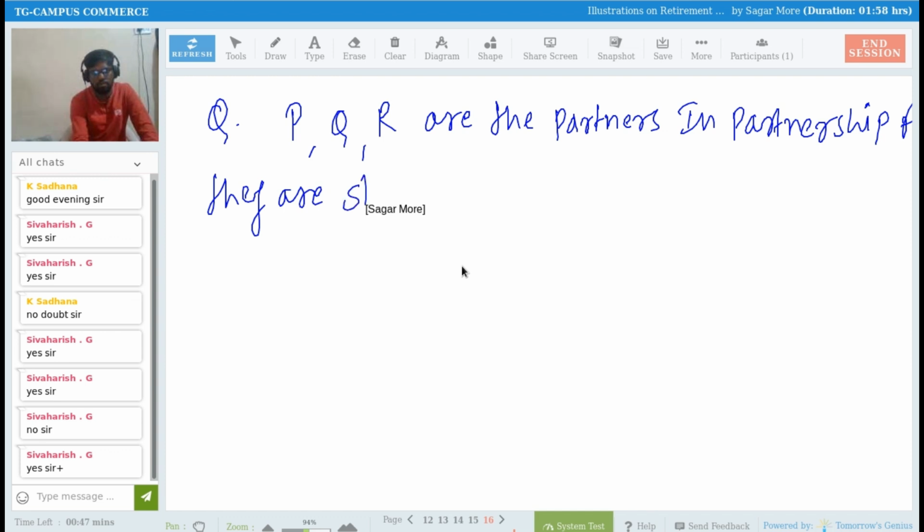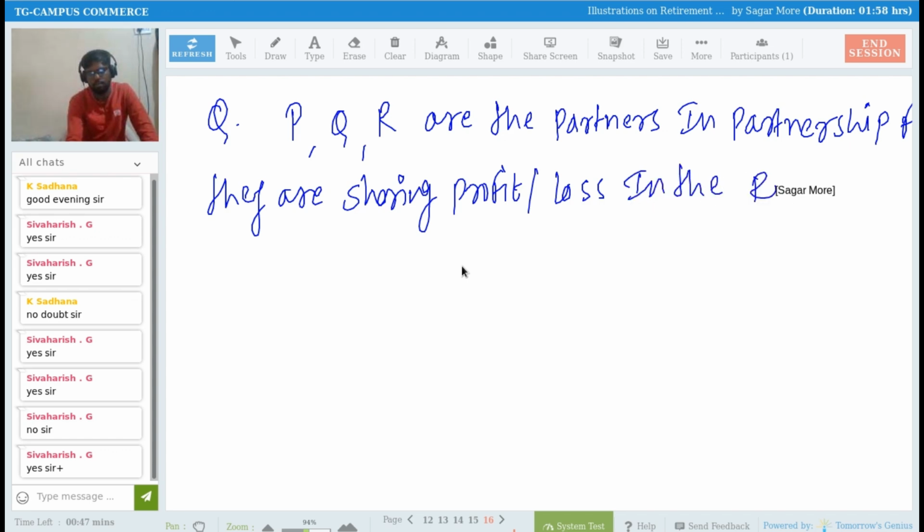They are sharing profit and loss in the ratio of 4:3:2. Or I can say 4:3:3. 4:3:2 only. Okay.